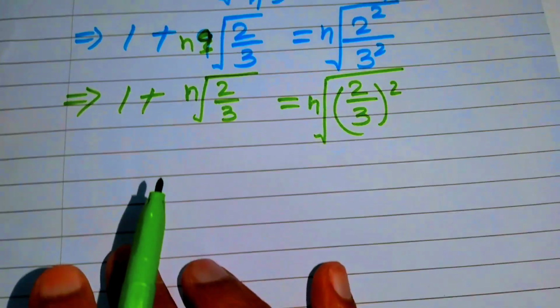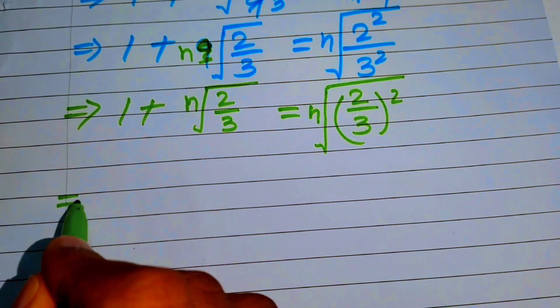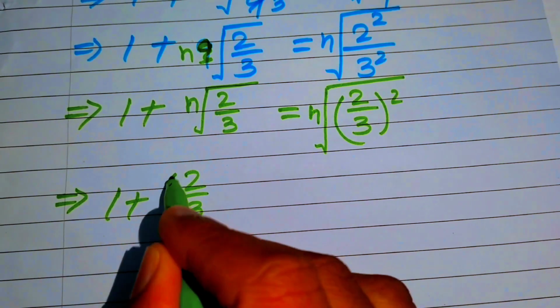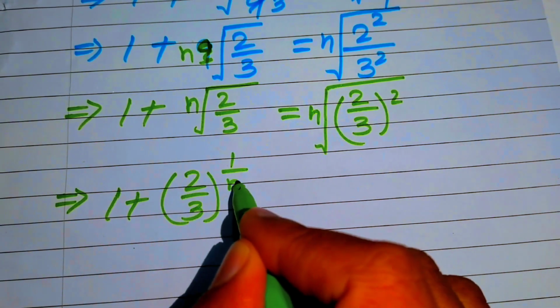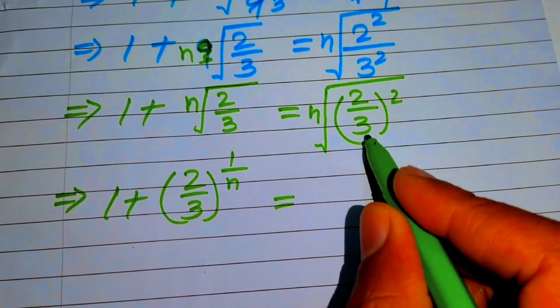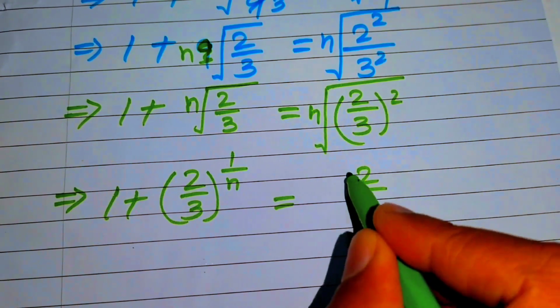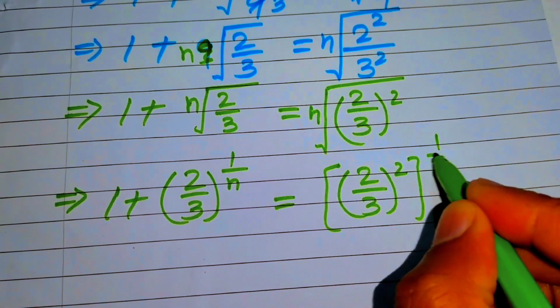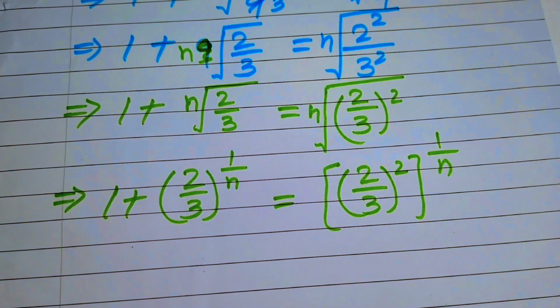Now we write this nth root in exponent form: 1 plus 2 over 3 and its whole exponent 1 over n equals 2 over 3 square and its exponent 1 over n.